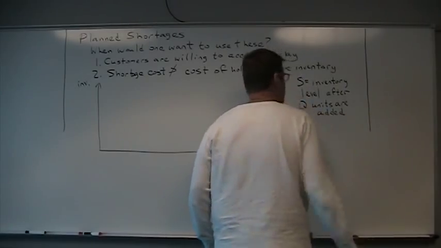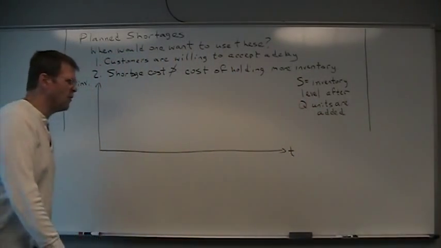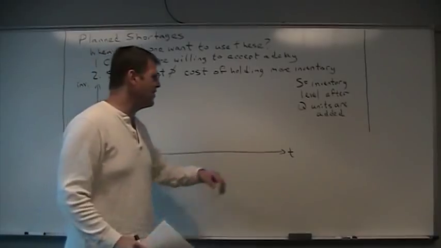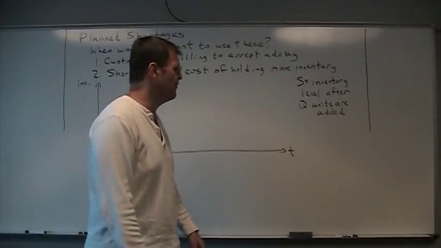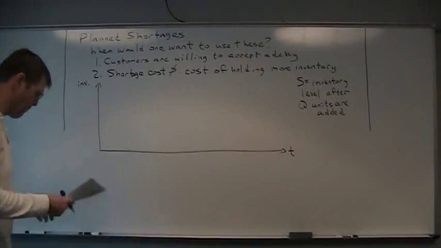So we get our batch, we fulfill the back orders, and S is what's left over in inventory after we fill the back orders.